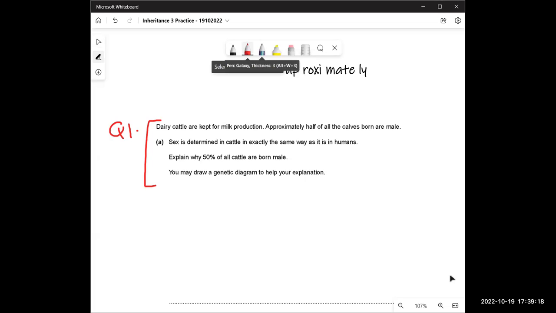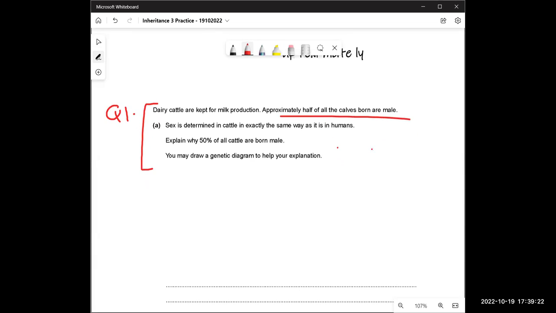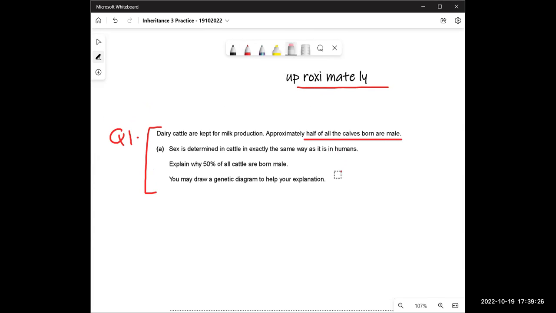Next, we have to solve this question where half the calves born are male, approximately half of them.